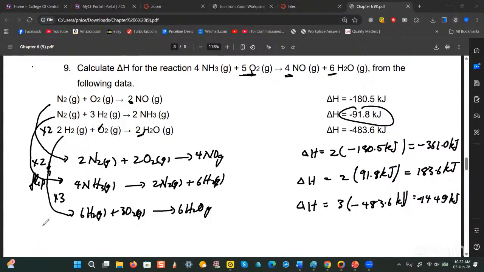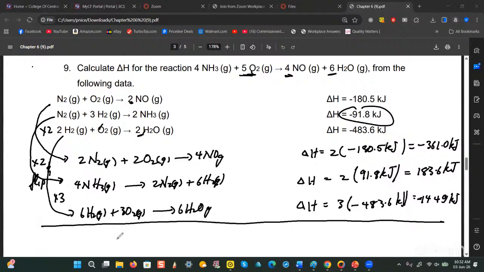All right. So that means now we can add everything together, right? And remember again, when you're adding, you will be canceling those items that are common to both sides. So what would those items be in this case?